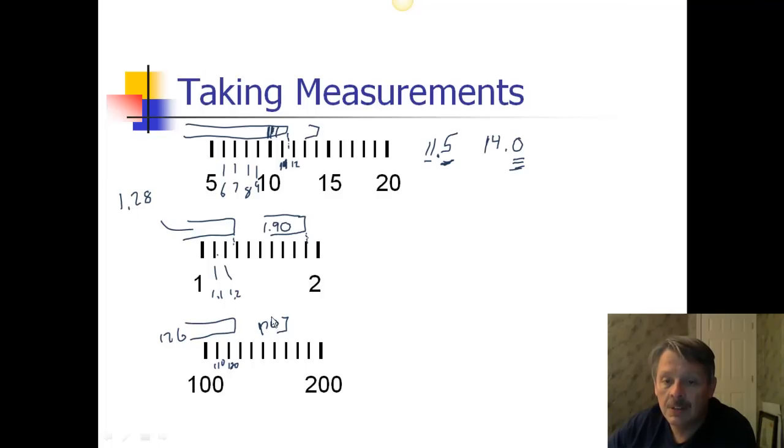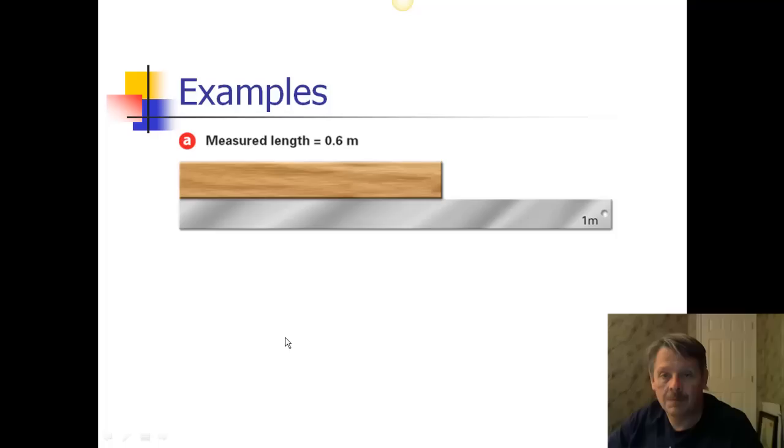Right? And the problem is somehow I have to indicate that this 0 is real, and we'll talk about that in a minute. One way to do it is put a line over it. That's a way to indicate that it is real. Another way to indicate that it's real is to put a decimal point after it. And we're going to find out about that in just a minute. So, bottom line is you must estimate that last digit.